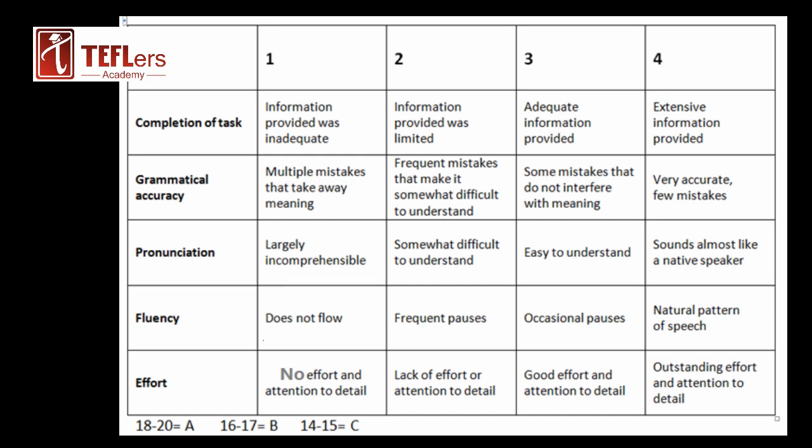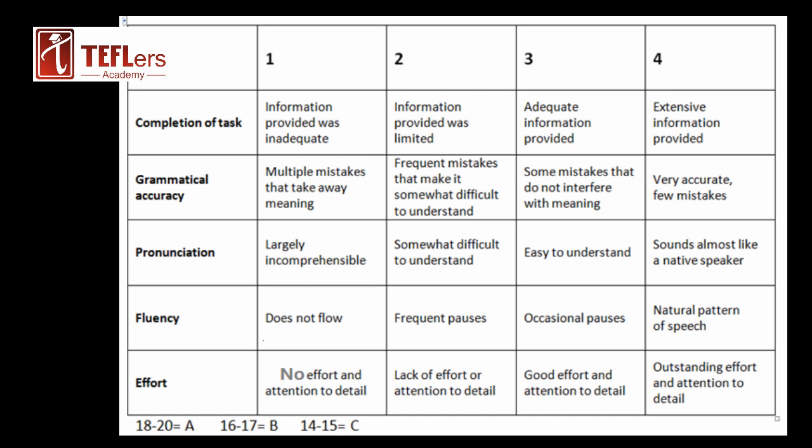Now let's say that we want to judge the same student on grammar accuracy. He did his speaking. Now we want to judge his grammar accuracy. We have 4 descriptions here. We have multiple mistakes that take away meaning. We have frequent mistakes. We have some mistakes that, and so on. And we have very accurate, which means he didn't make any mistakes, or he made just a few mistakes that are not really that big of a deal.